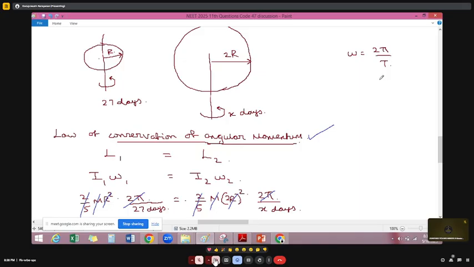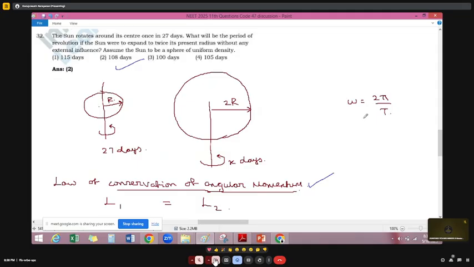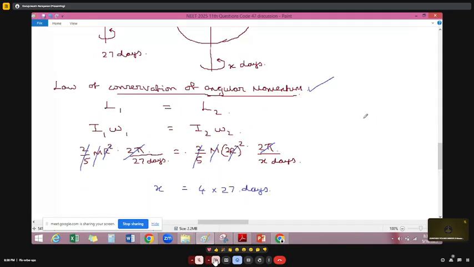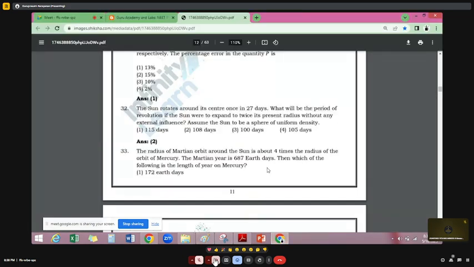Many students make the mistake of writing 27 days in place of omega. If you do that, everything will go wrong because 27 is actually coming in the denominator. Time should come in the denominator, so 2 pi by T. Very easy problem if you have practiced it properly.